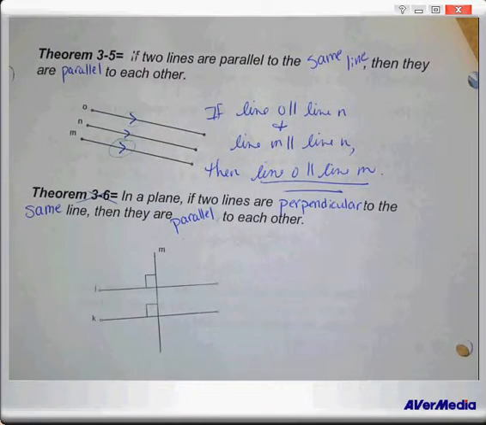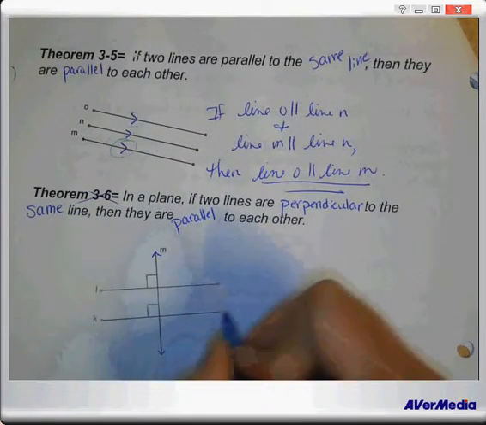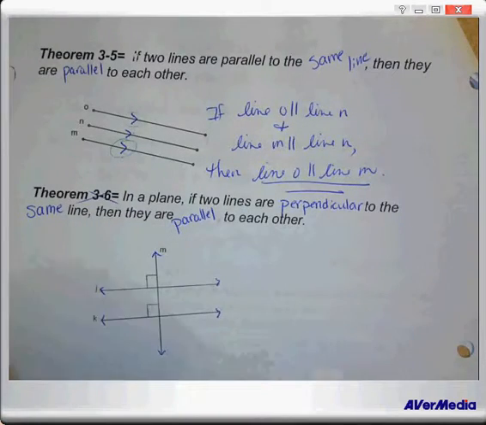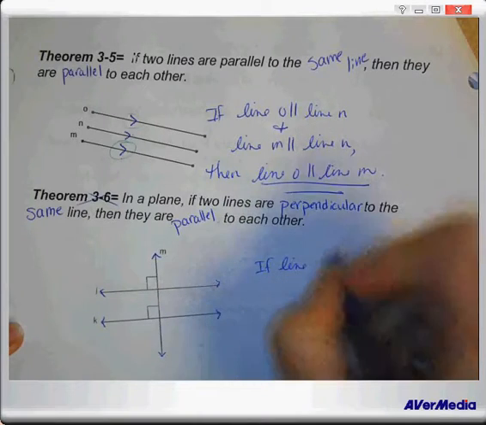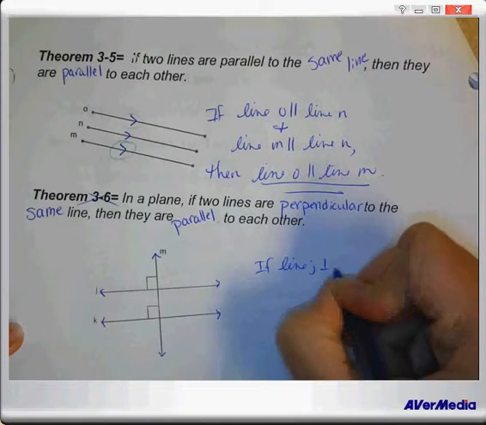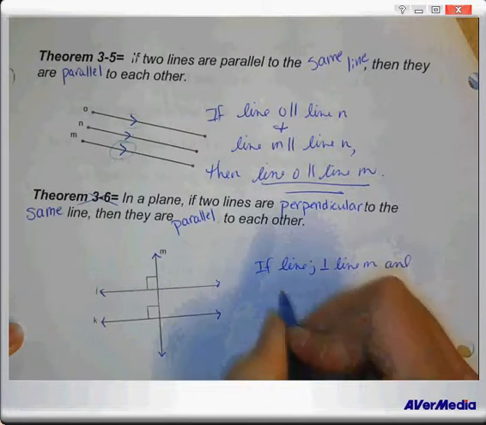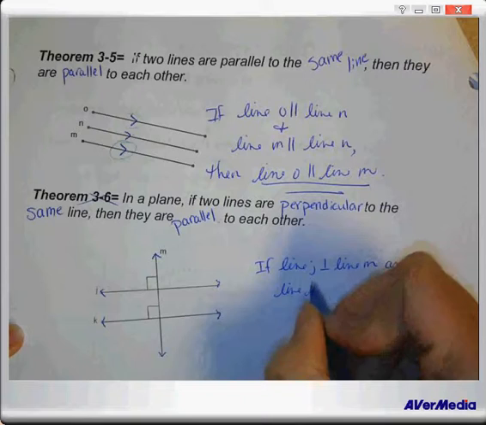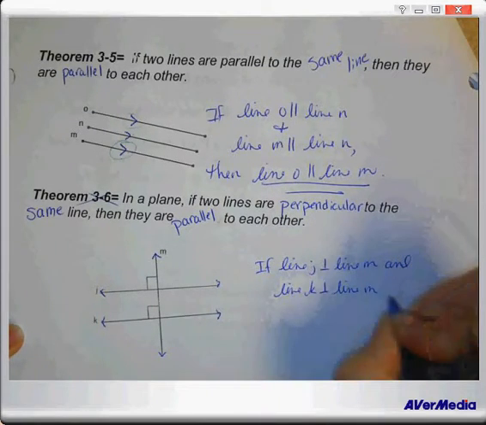And here's what we're talking about, okay? Here we have our lines, and I'll add arrows on there because it's driving me nuts. I didn't put arrows when I drew these initially. We're given the following. Here is your initial statement. If line J is perpendicular to line M, and line K is perpendicular to line M, you then can assume what?